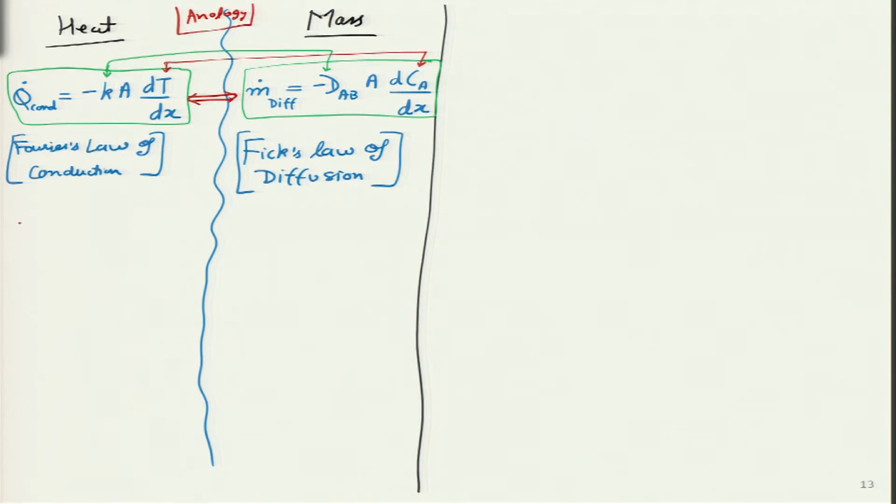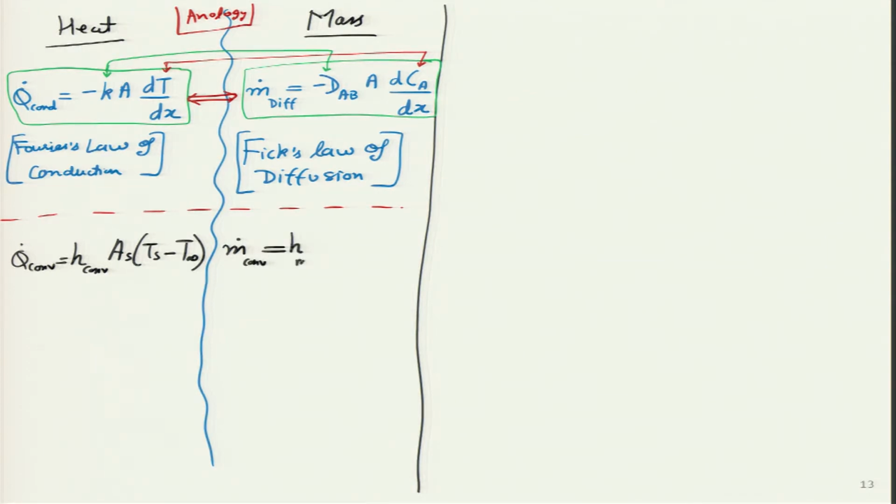So, this was conduction. Now, let us look at convection. In convection we have Q dot convection equals h convection, surface area, Ts minus T infinity, and we will figure out very soon that in mass transfer also we have a similar term. Instead of h conv it becomes h mass.